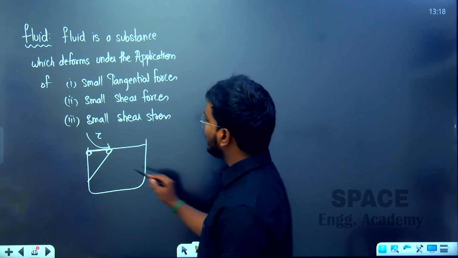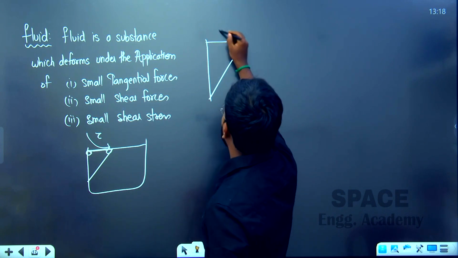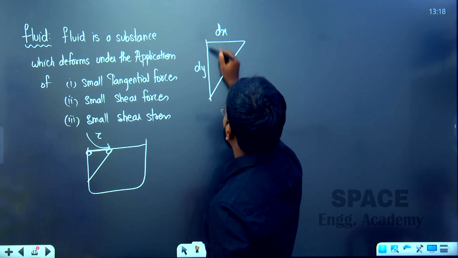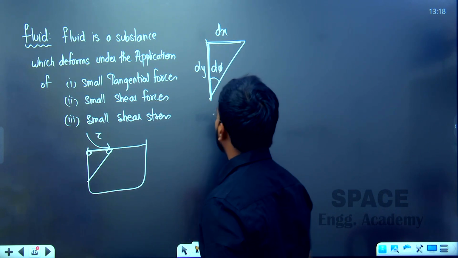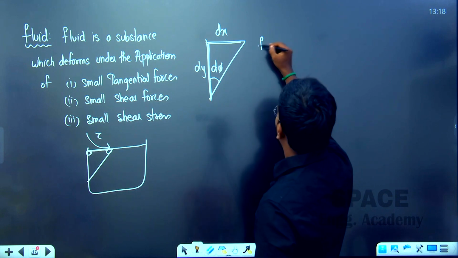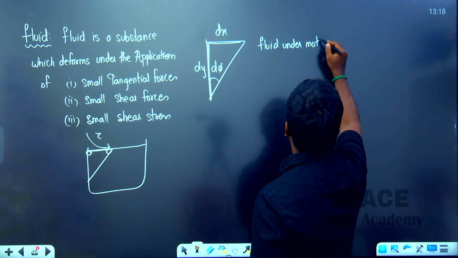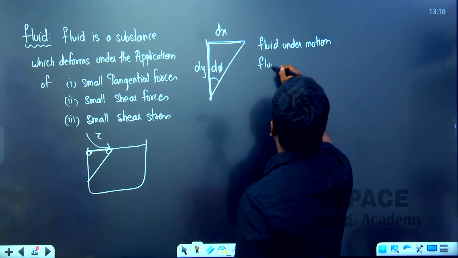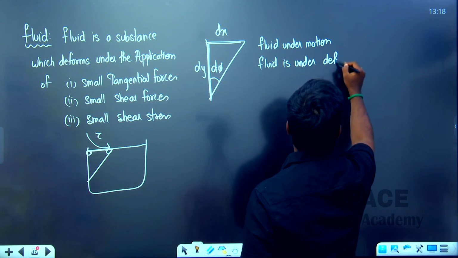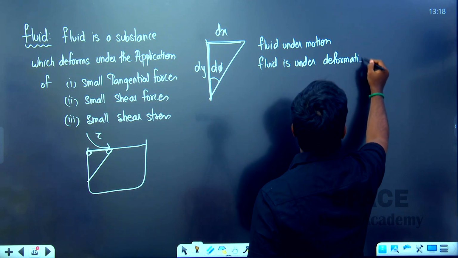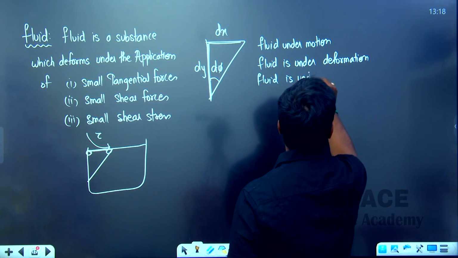The fluid droplet is changing its position from point 1 to point 2. Let's say this change in position is dx and this is dy, creating an angular deformation. Let's say it is shear strain. So fluid under motion means fluid is under deformation. Which type of deformation? Fluid is under angular deformation.